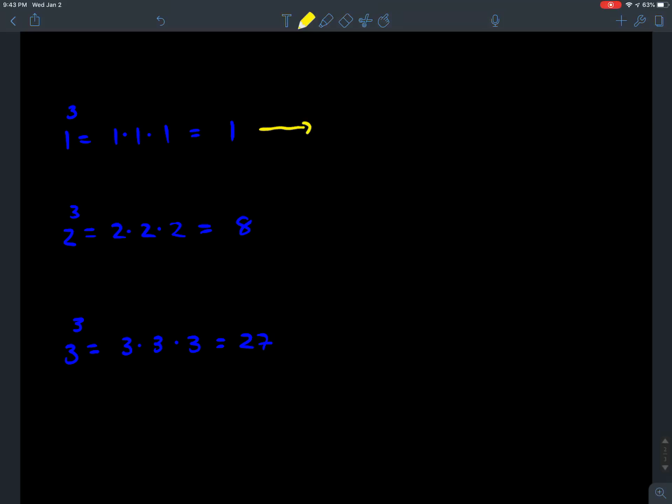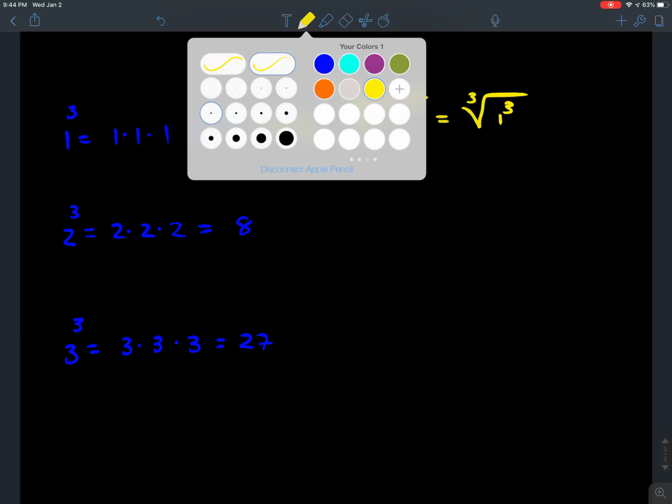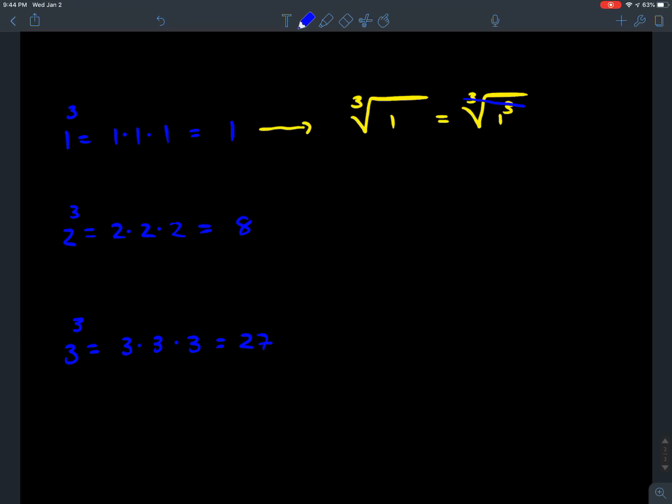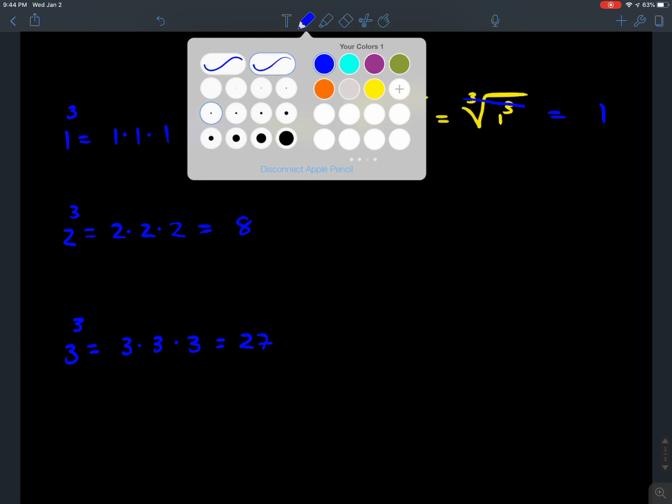So we take this, we put this here, we're going to let it be known the index is 3, which is written like that. We put the 1 in, another way, 1. What happens? These cancel out, and that equals 1, right?